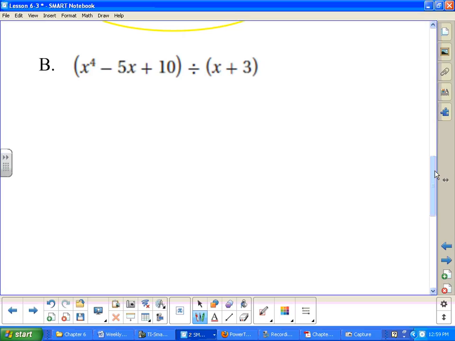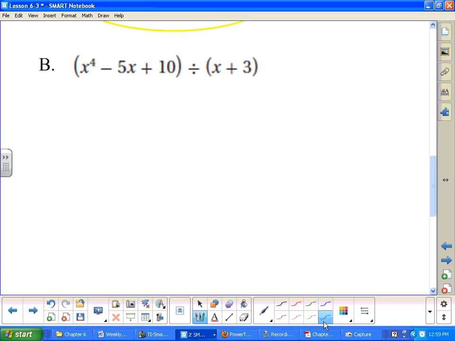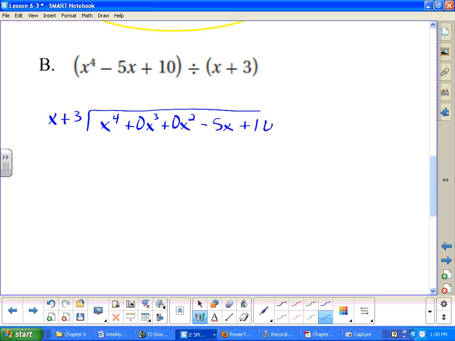We don't have an x cubed term or an x squared term. So for both of those, we need to put in 0. So x plus 3 into x to the 4th plus 0x cubed plus 0x squared minus 5x plus 10.